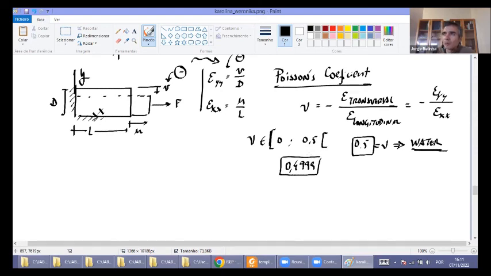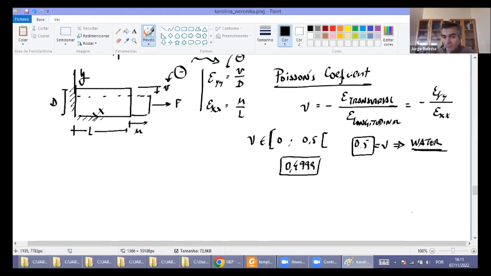For example, bones have a Poisson coefficient between 0.2 and 0.3. Structures like the inner ear or the muscles have a Poisson coefficient very, very close to 0.5, which is the Poisson coefficient of water, because they are mainly built of water.